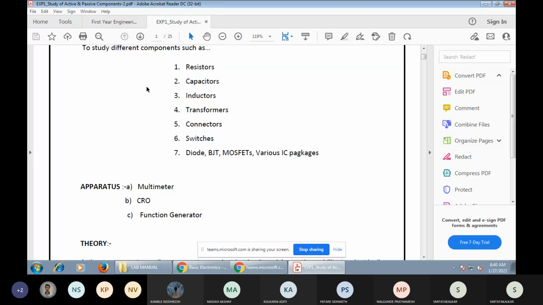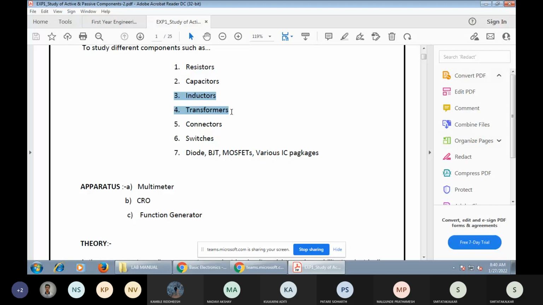Among passive components like resistor, capacitor, inductor, the resistor is a current limiting device. The capacitor is used to store the charge. Inductors are used for controlling the current. Resistor limits the current. The inductor controls the current.